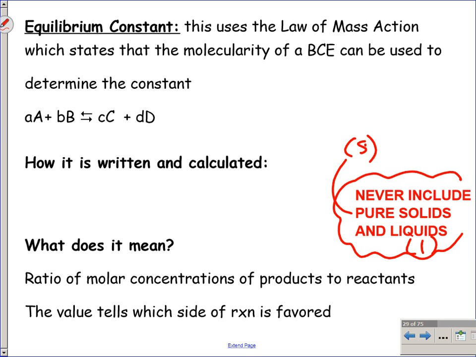Moles over liters. Well, if I'm a solid, I'm not really a liter of anything.